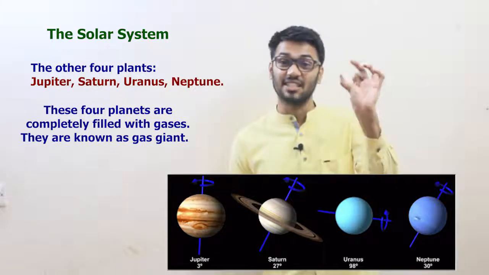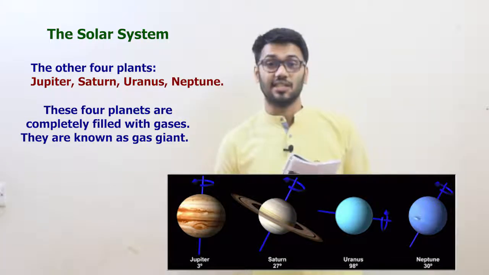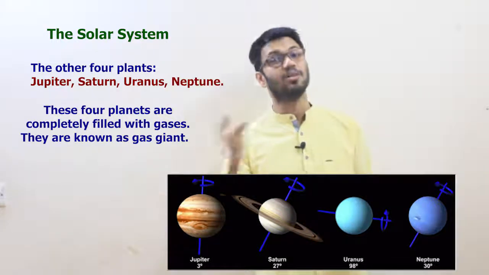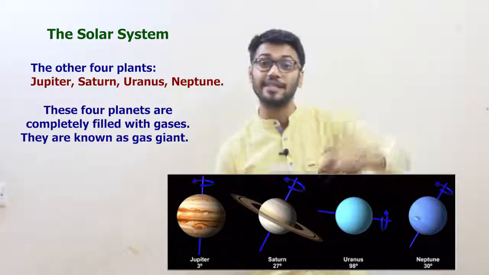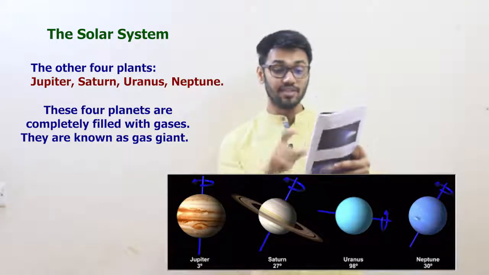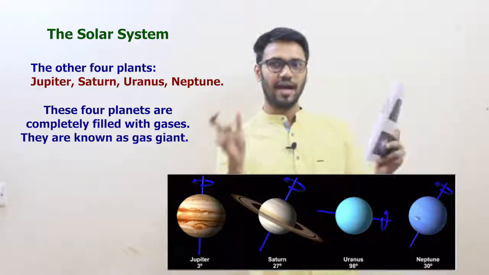What? Gas giants. Okay. Now let me read through the sentences so that you can do the same in the classroom. But make sure you explain it in your language. So far I have been talking about the terrestrial planets and the gas giants.